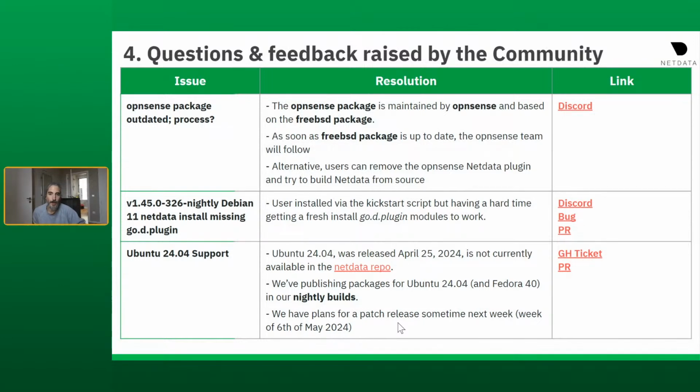Once that is done, the stable versions will also be available on this repo, so you'll be able to install the latest version on these operating systems. And I think those were the major questions.